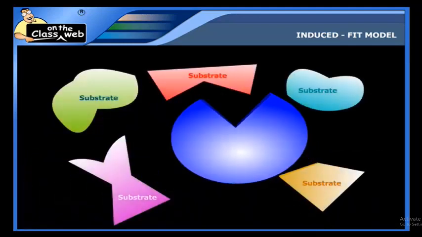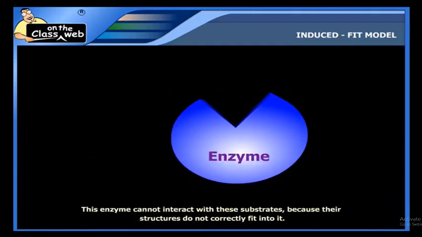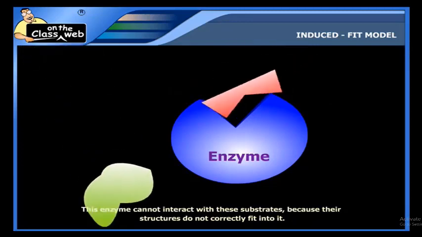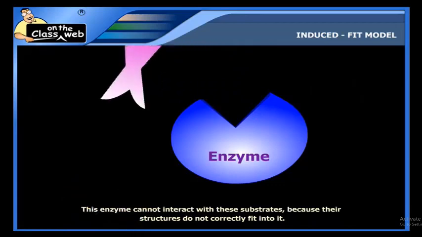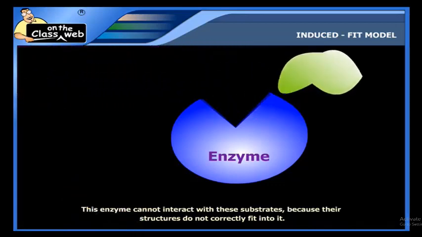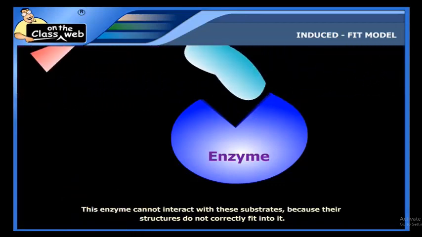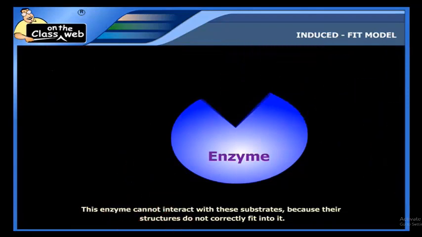This visual shows you the enzyme and different shaped substrates. Click on Next to see with which substrate the enzyme interacts. As you can see, the enzyme cannot interact with the substrates that are red, violet, green and blue in color because their structure does not correctly fit into the enzyme.